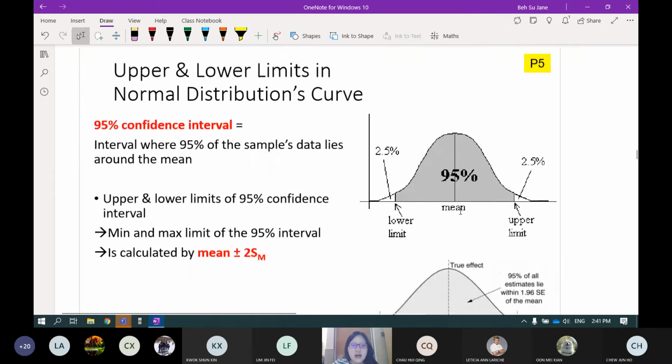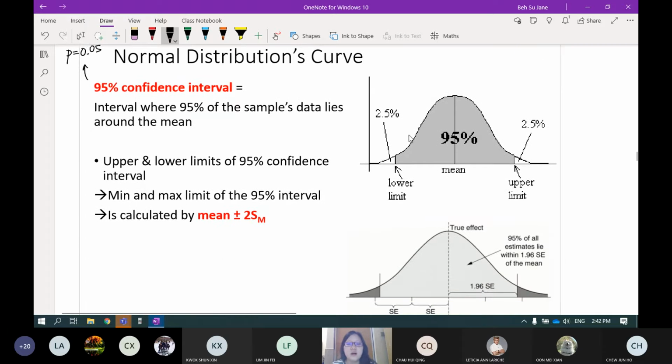Okay, so when we say 95% confidence interval, this is also in reference to the p equals 0.05, but like the inverse, instead of looking at the 5%, we're looking at the 95%. So in a bell curve, by taking mean plus minus 2 SM, we are looking at the lower limit here and the upper limit here. The 5%, or 2.5% at each side, we sort of ignore. We consider these the limits.